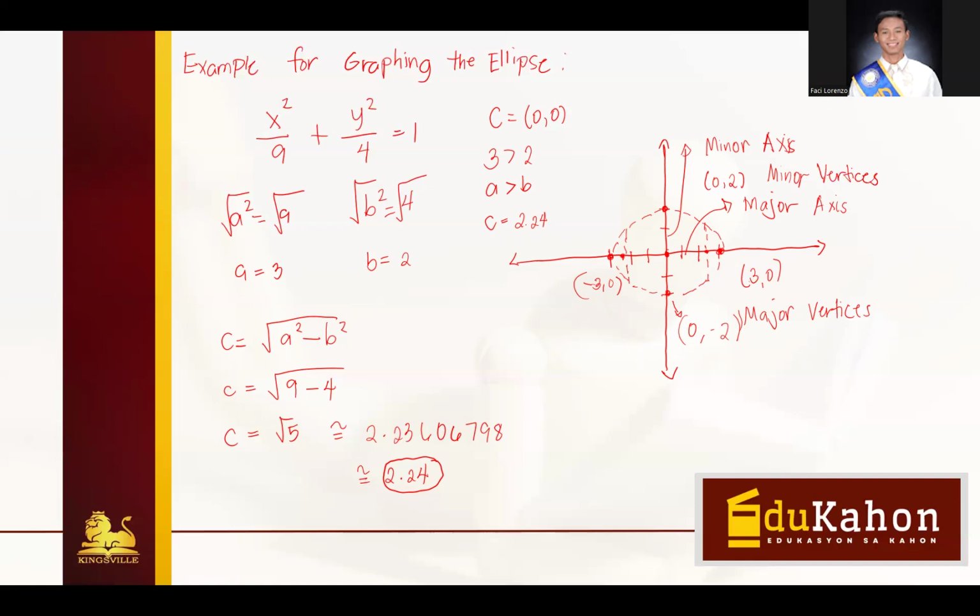If your graph is vertically oriented, then your major axis will be the y-axis. So this will be your major axis containing your major vertices. And you have also here the minor axis for the graph of a vertically oriented ellipse. So this is major and this is also the minor. Your x-axis will become your minor axis.